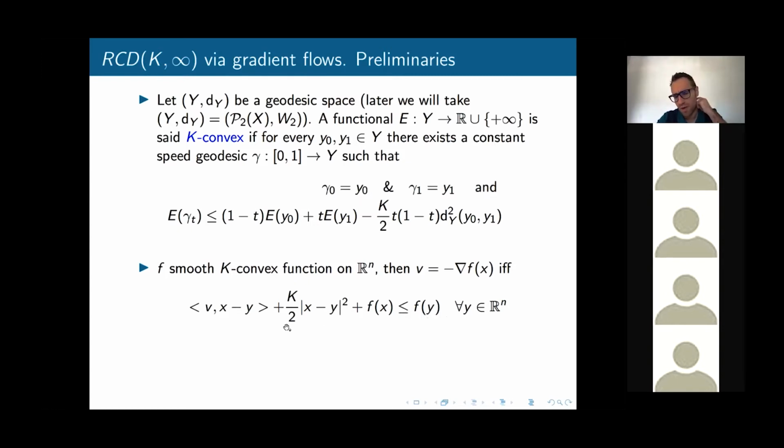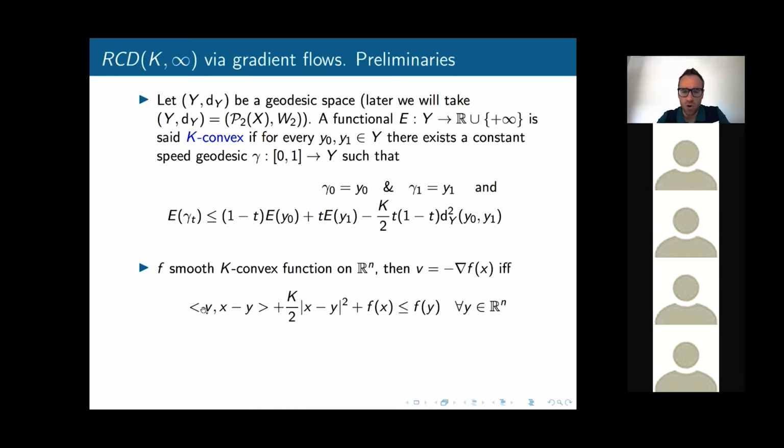Now, in order to get the feeling, let's just take K equal to 0, just to simplify our life, so that our function f is convex. So what we are saying is that f of y is bigger or equal than f of x plus grad f times y minus x. So this is basically saying that f of y is bigger than the first order expansion of f at x if we choose v equal to grad f.